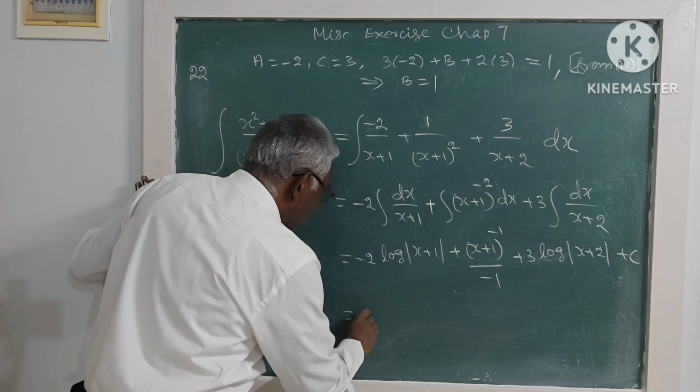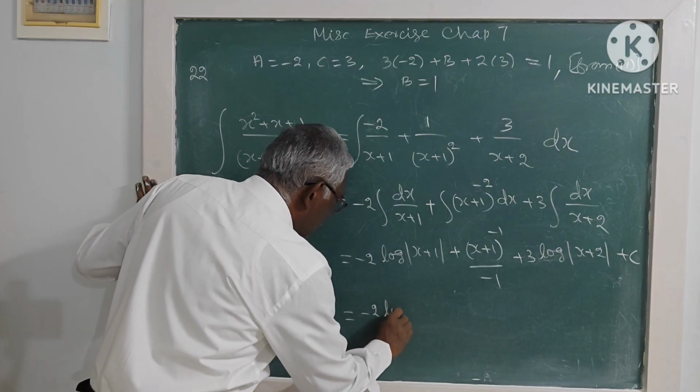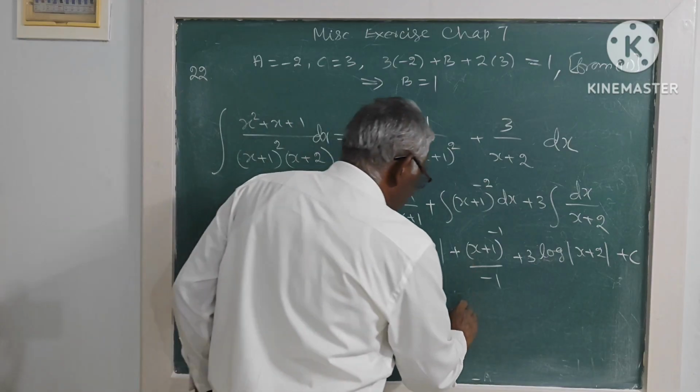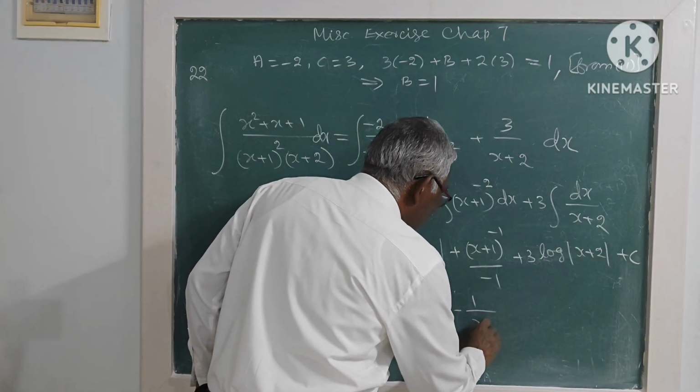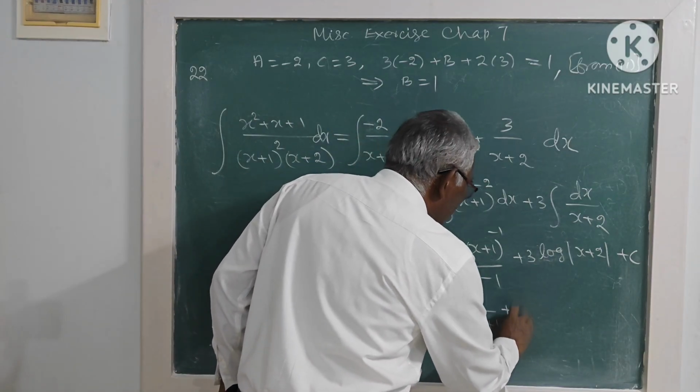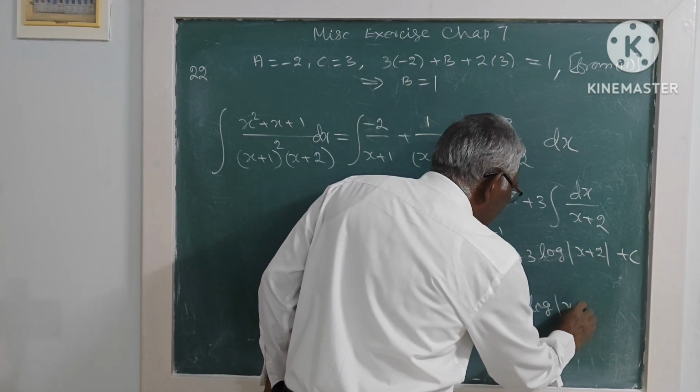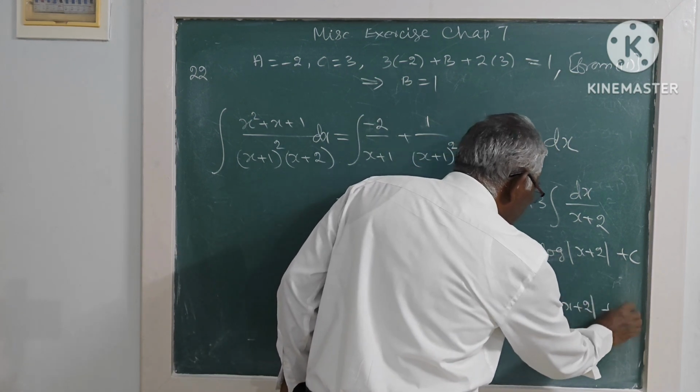So we can write this as minus 2 times log of x plus 1 minus 1 by x plus 1 plus 3 times log of x plus 2 plus constant.